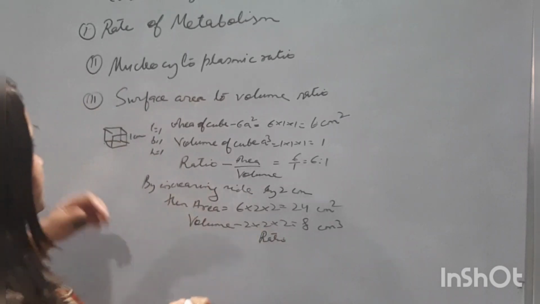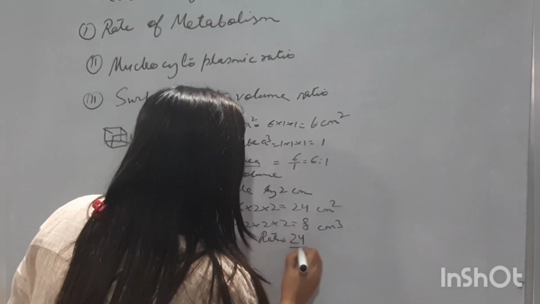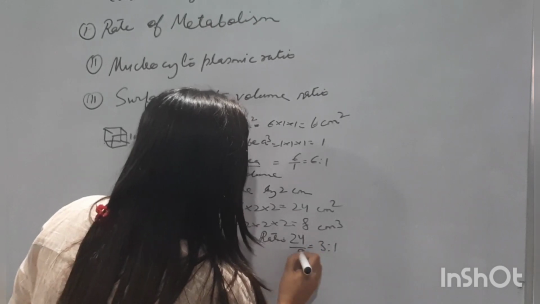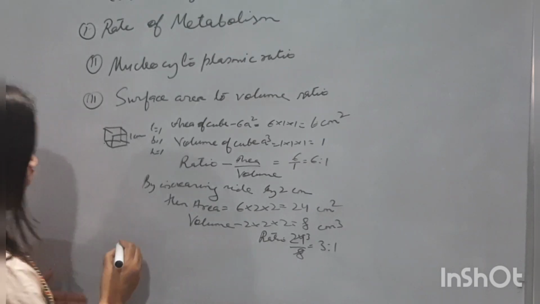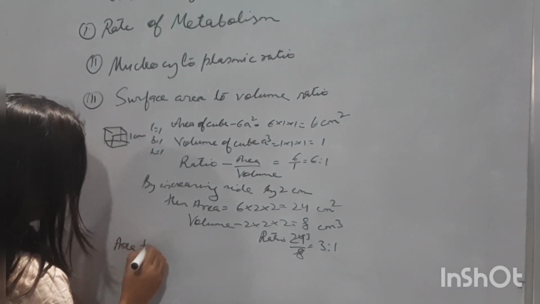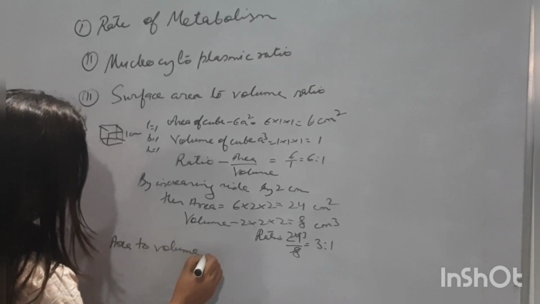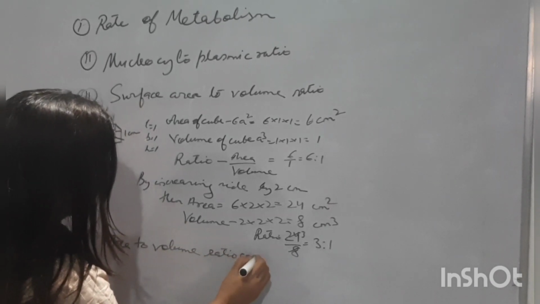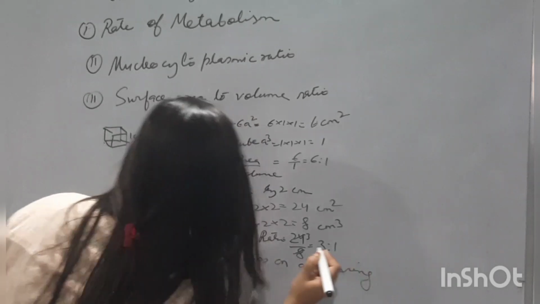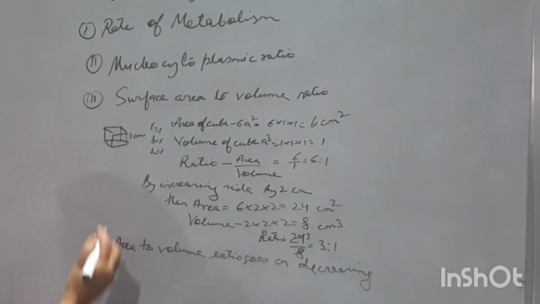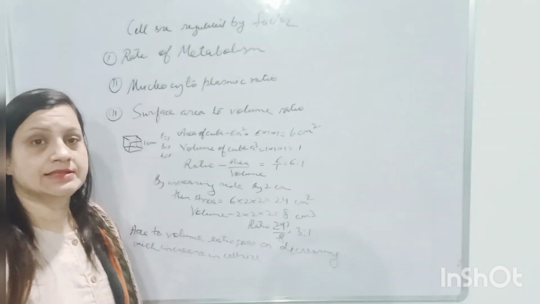Ratio will be 24 by 8, that is 3:1 ratio. What do we see here? We see area to volume ratio goes on decreasing with increasing size of cell.